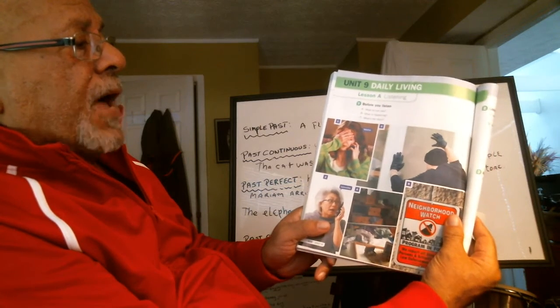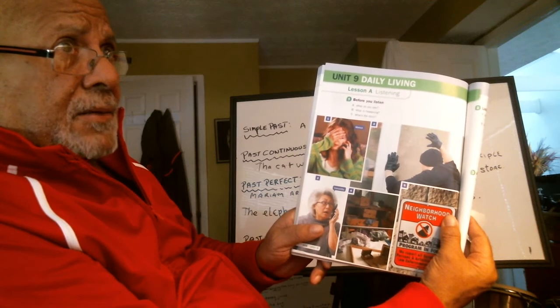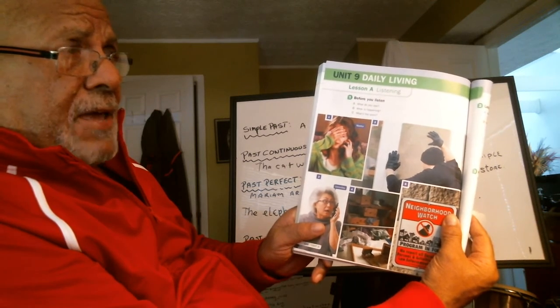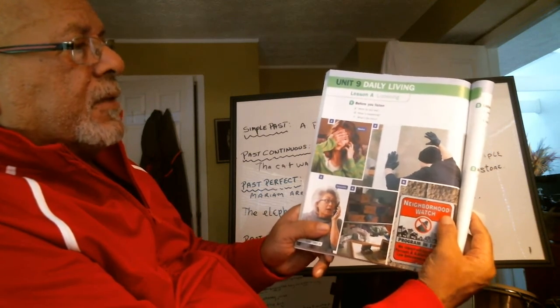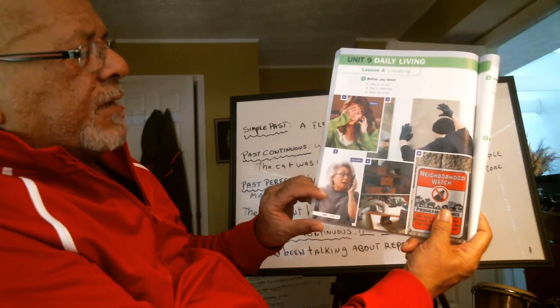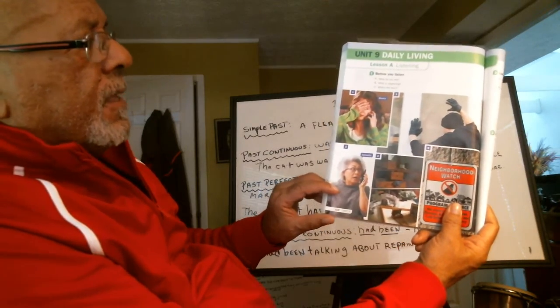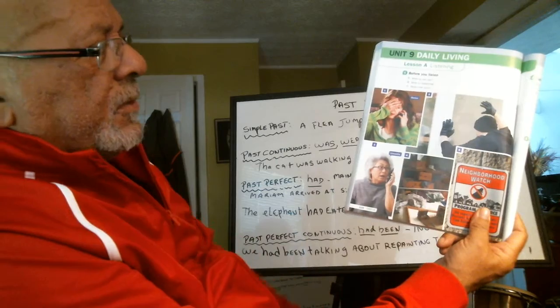Something probably bad happened. She's saying, oh gosh, oh my God, what's happening here? No, I don't believe it. If we scroll down to the next photograph, Samantha, she's on the telephone also, and they may be related.